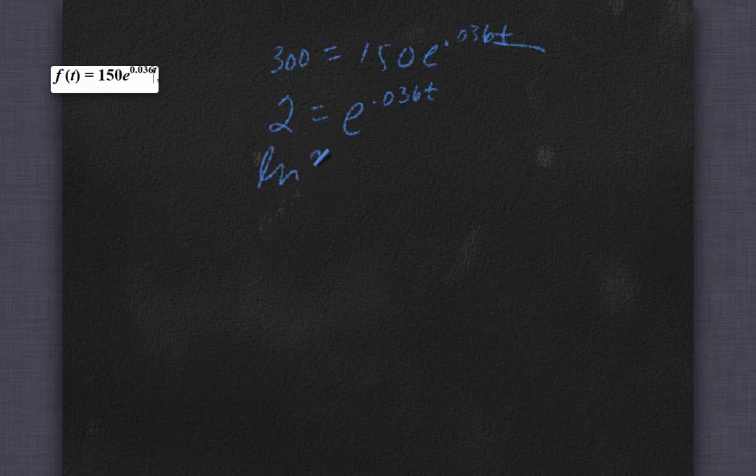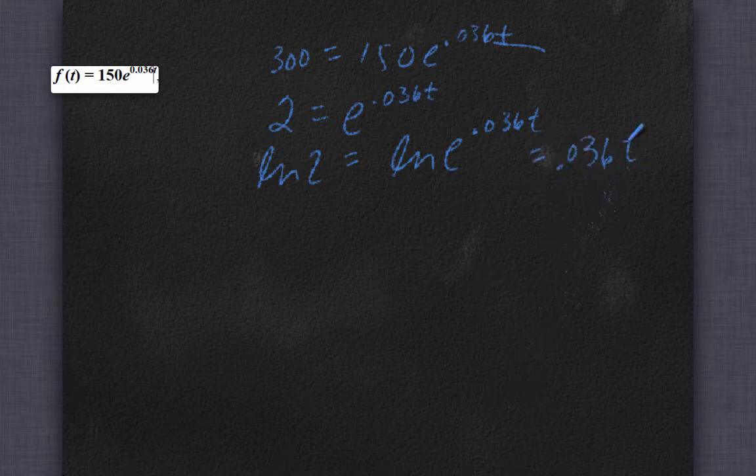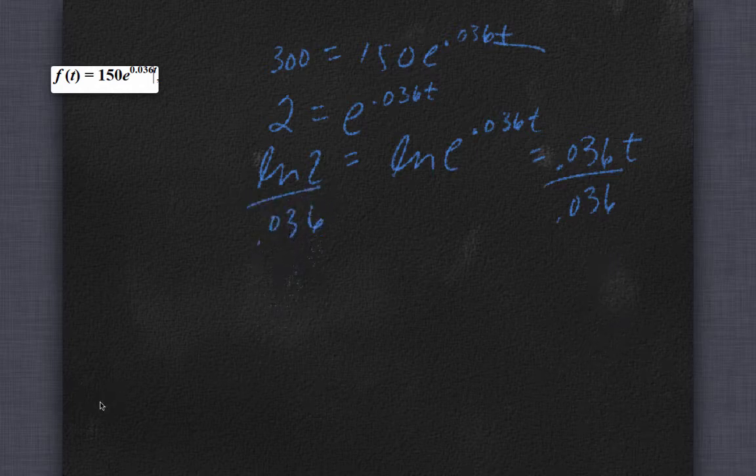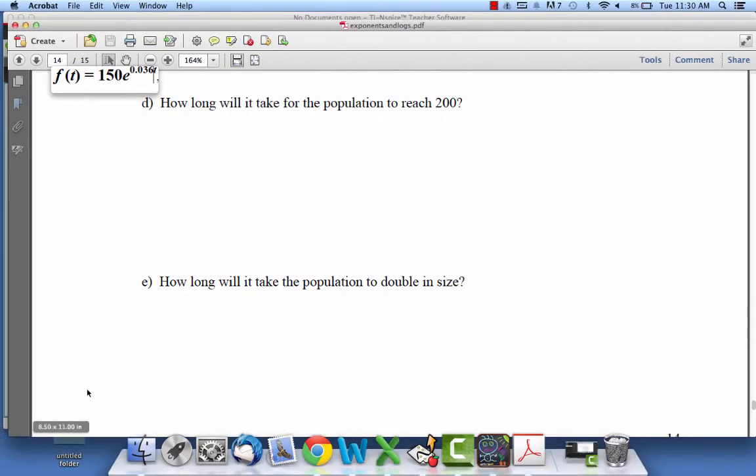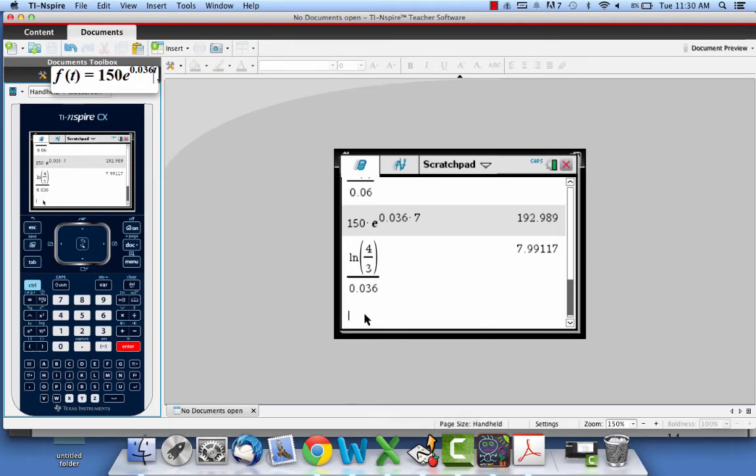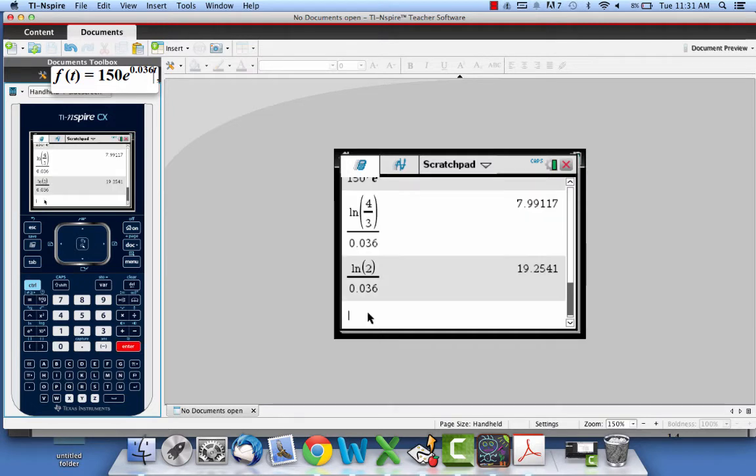Okay, so natural log 2 divided by 0.036, 19 days to double.